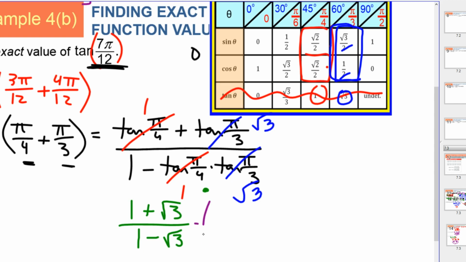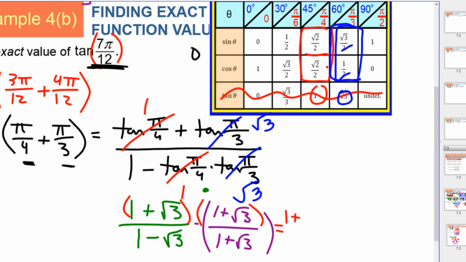And so the conjugate rule says we're going to multiply by a very special form of 1. In this case, we'll put a 1 plus square root of 3 over 1 plus square root of 3. And we FOIL the top, or we distribute the top.